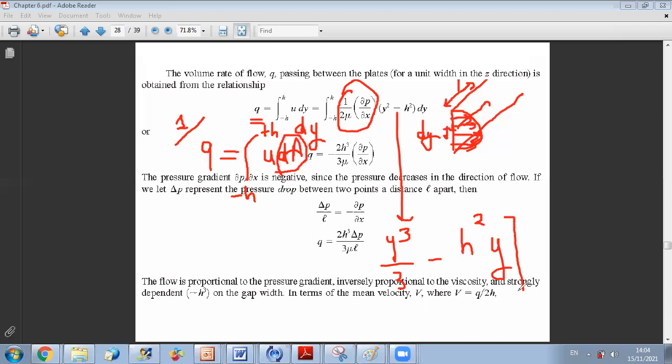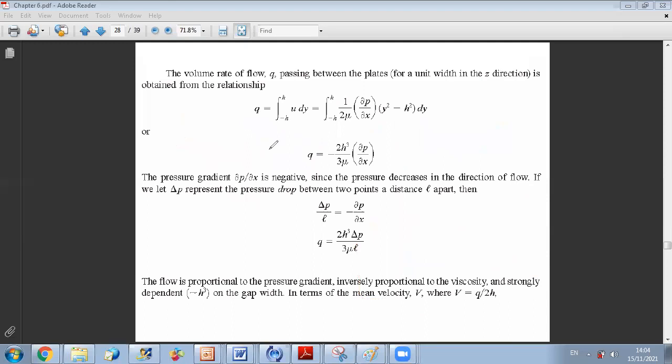And you will apply it between the boundaries minus h and h. And by performing your calculation, you will get the following flow rate. This is the value of your flow rate. Okay. So now we got Q, the corresponding expression of Q.